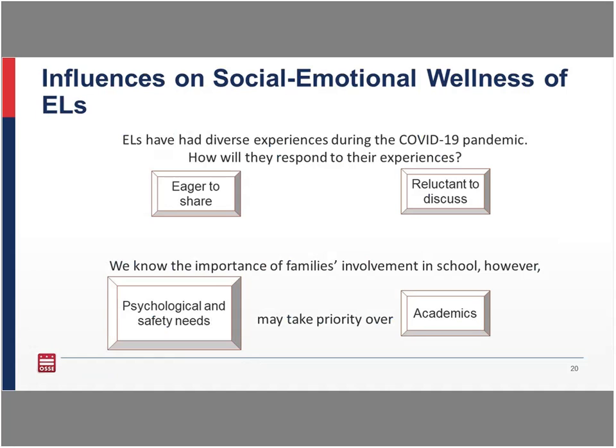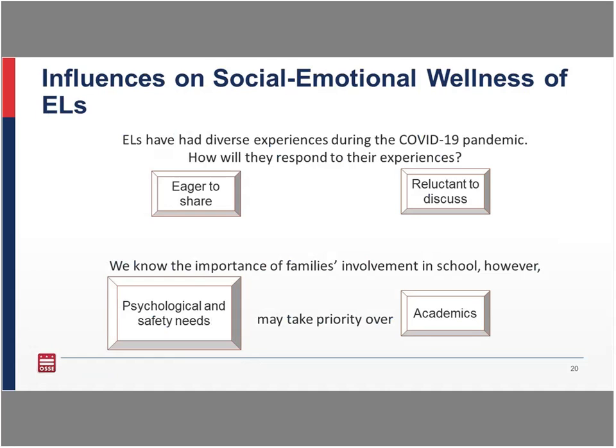To speak more about diversity during this pandemic, also want to be thinking about how they will respond when they get into the classroom. Some students may be eager to share what's been going on, and some may not want to share and be more reluctant to dive into discussions that are happening in the classroom.